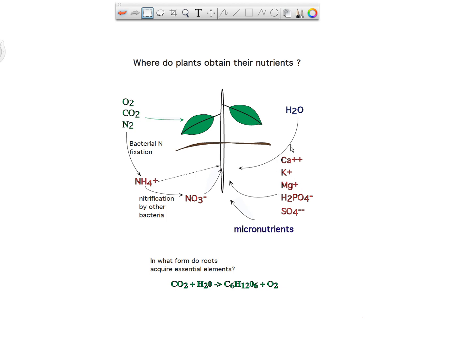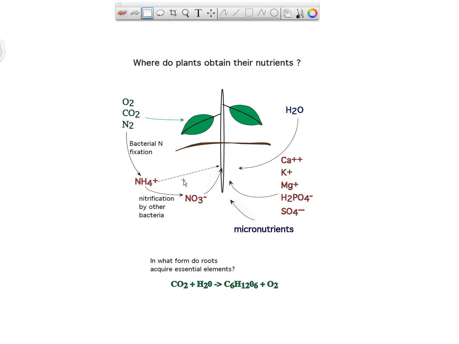The calcium, potassium, magnesium, phosphate, and sulfate that plants use as their nutrient forms of these elements, that they need to make up macromolecules and components of enzymes, are found in this form. And you'll notice in each one of these cases, these ions are not substances that you can obtain much energy from. So carbon dioxide, the plant takes up carbon dioxide, it spends energy to do that.